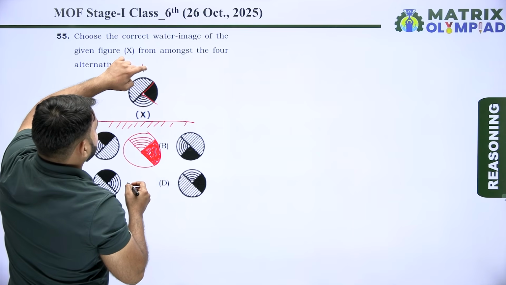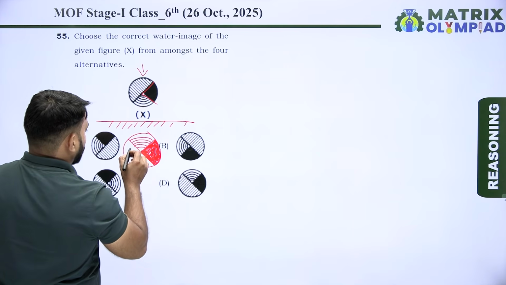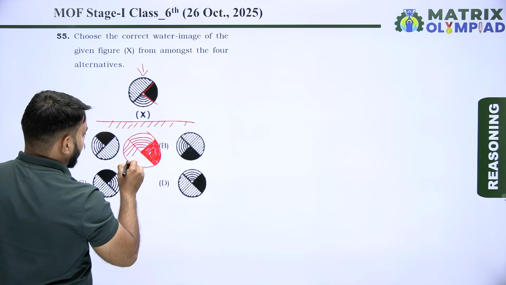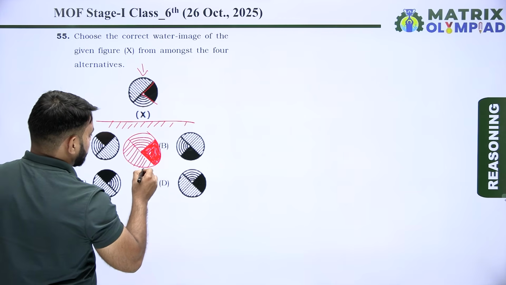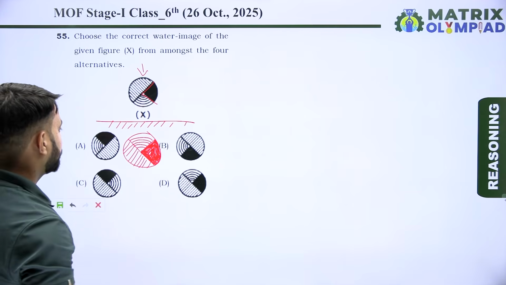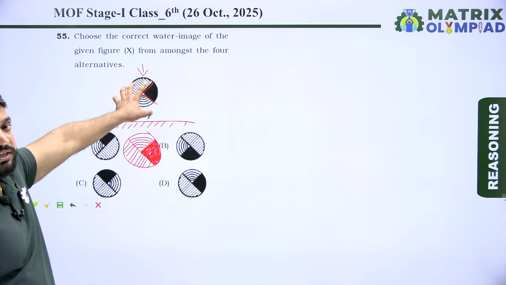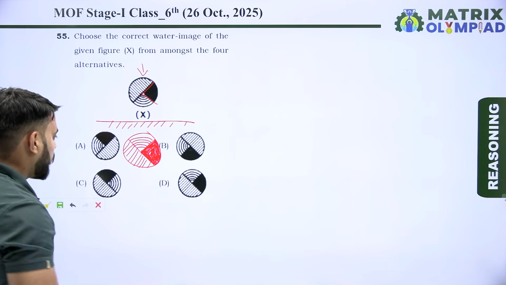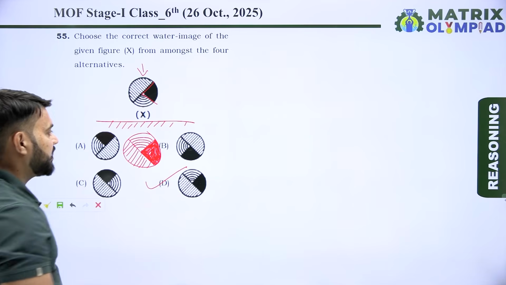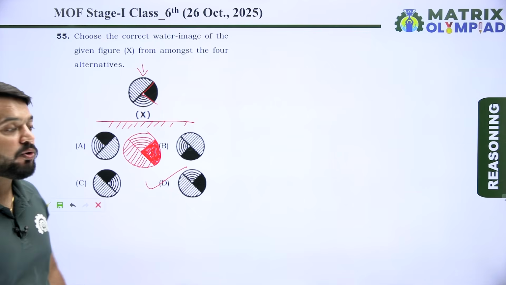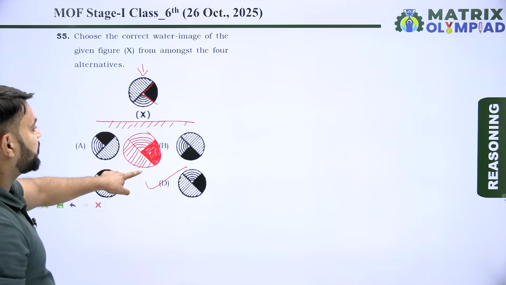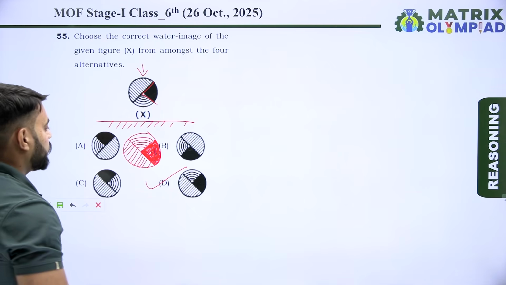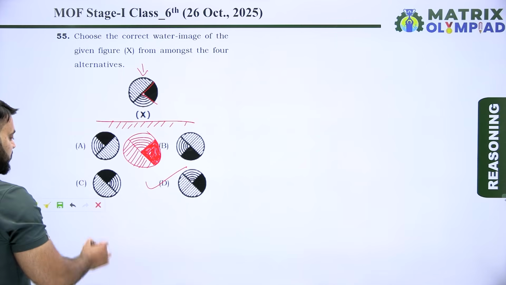And this part of the figure looks as follows. So this is the correct water image of given figure X. So here option D is the correct answer of this question, because option D shows the correct water image of the given figure.